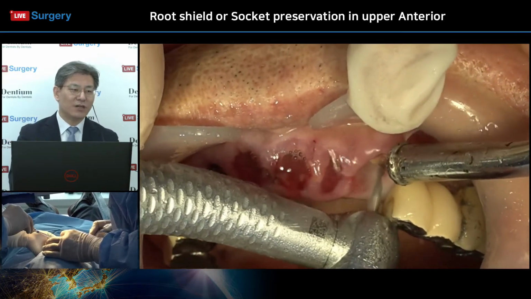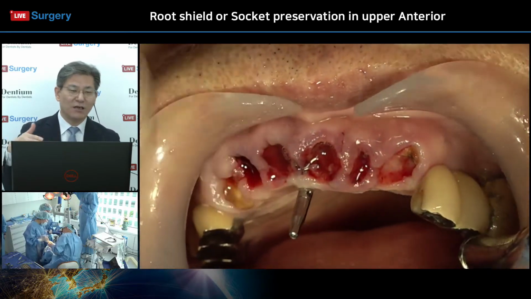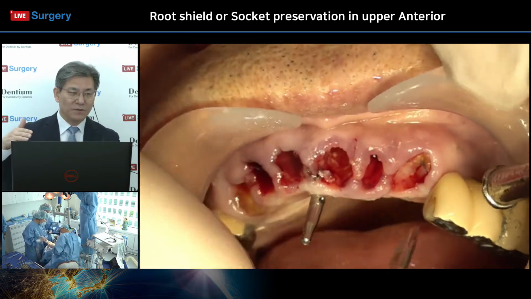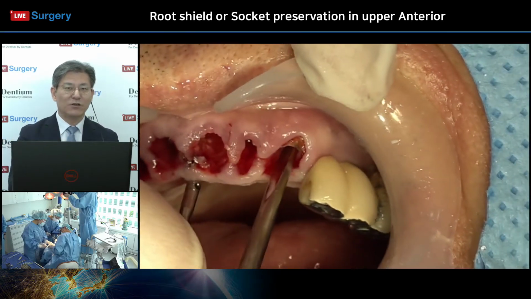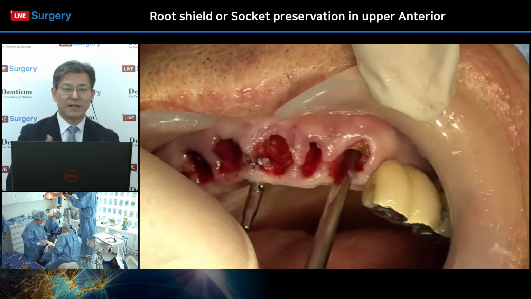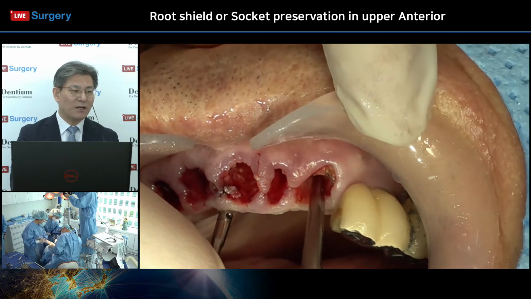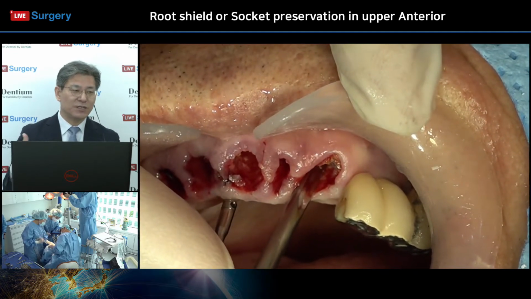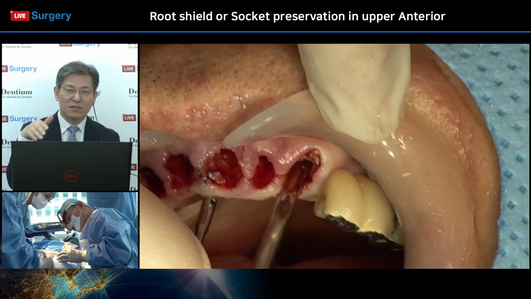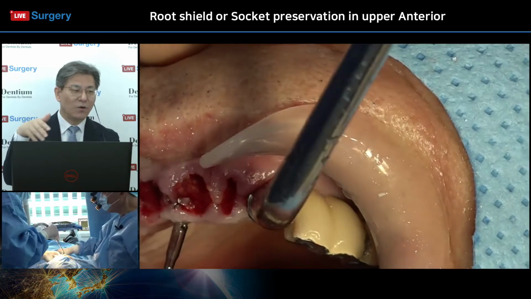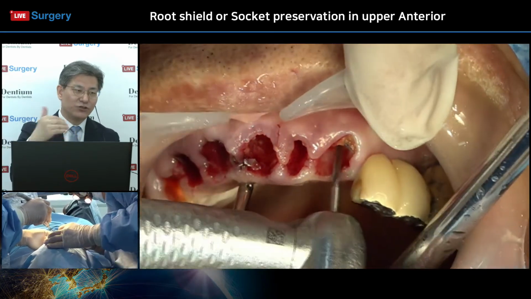Number two, when you have decided on the socket shield technique, make a horizontal channel from the mesial to the distal using a high-speed Fisher bar to separate the palatal and labial fragments. Then, with gentle elevating or some other procedures, remove the palatal portion, and then grind out slowly, a little bit more and more, and finally we can get the labial root shield, looks like here.